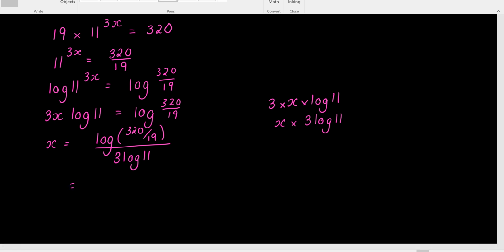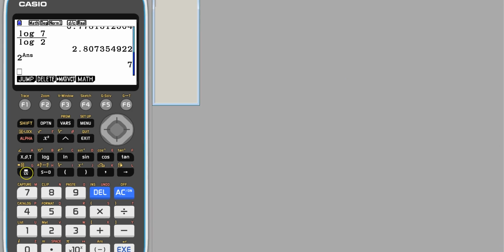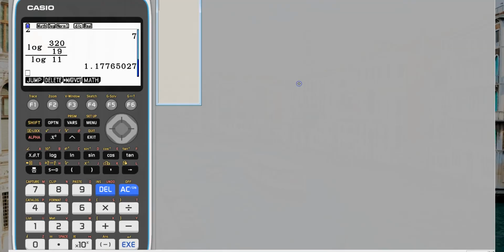Now we go to our calculator and we can suss it, and we've got beautiful fraction buttons. So we've got our fraction, log fraction was 320 over 19, I think, over log 11, 1.178, and again you could pop it back up here to check that you were right before you move on to the next.